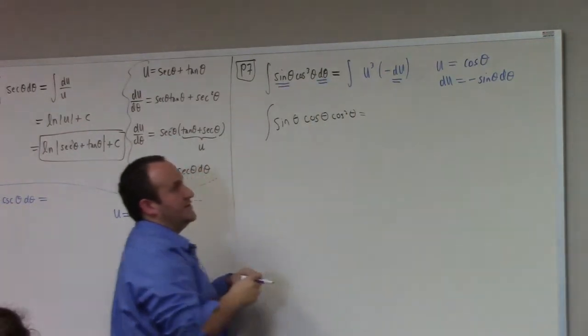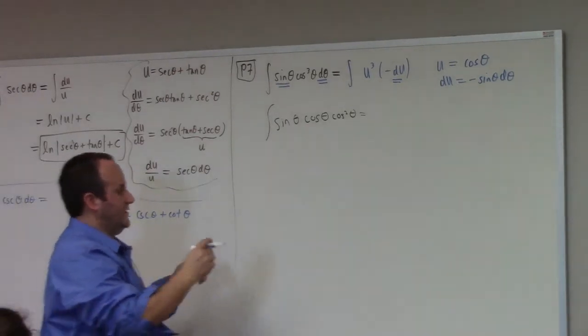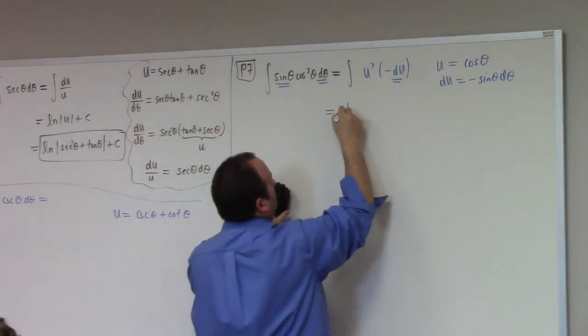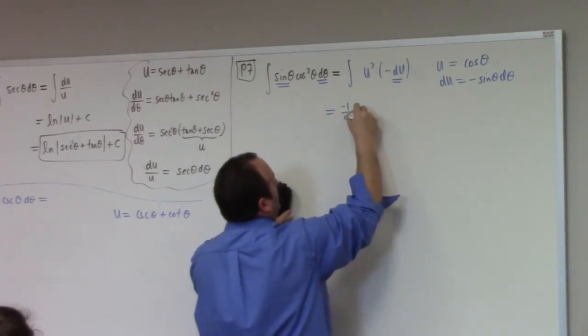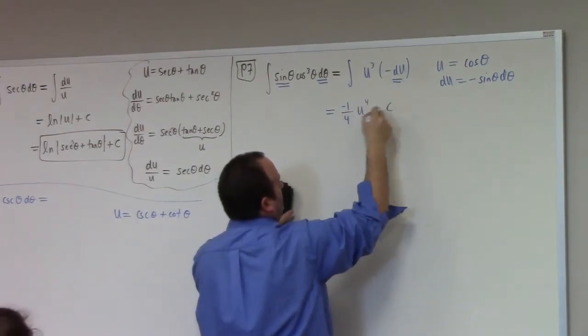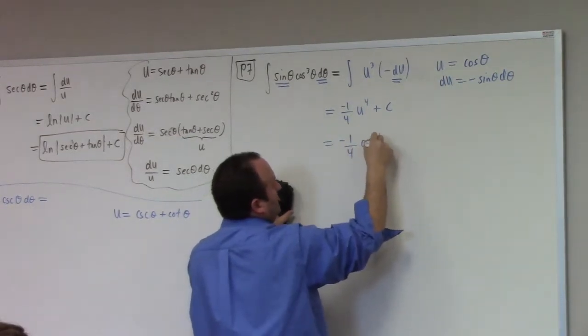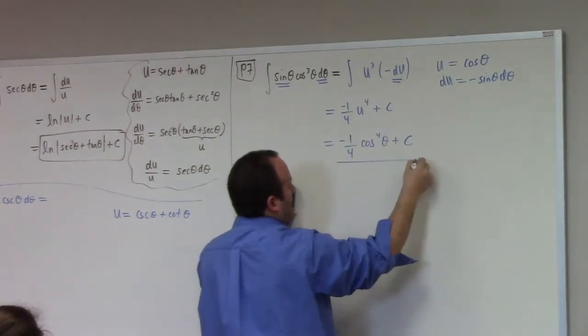I got to throw in a minus to be fair. And so the answer here is minus 1/4 u to the 4th plus a constant, which is minus 1/4 cosine to the 4th theta plus a constant.